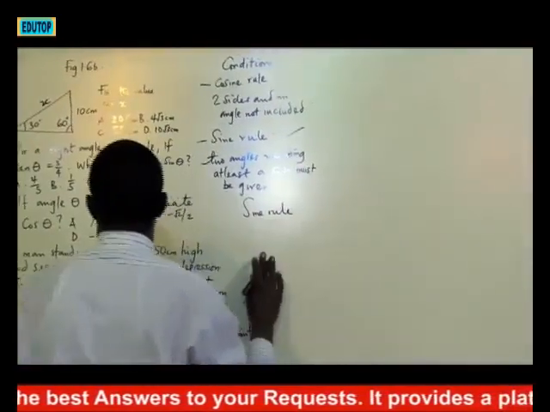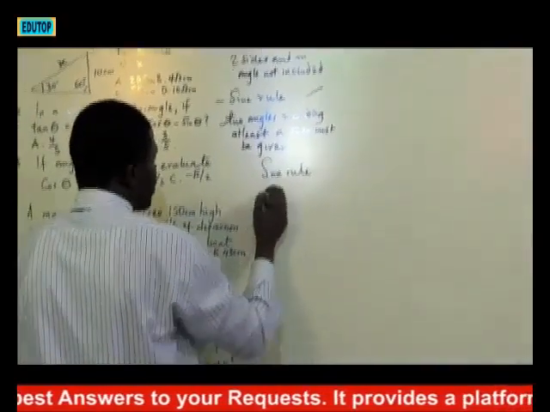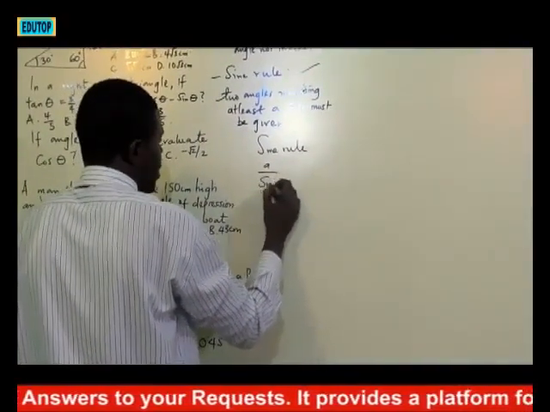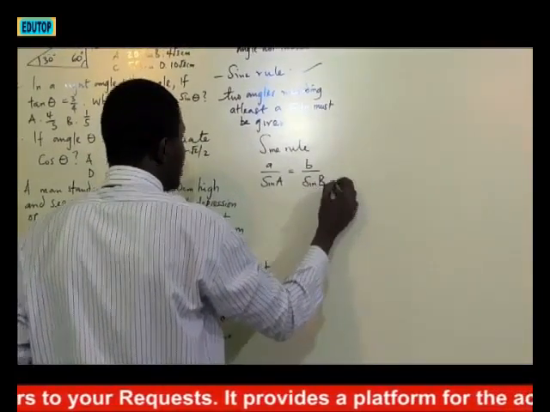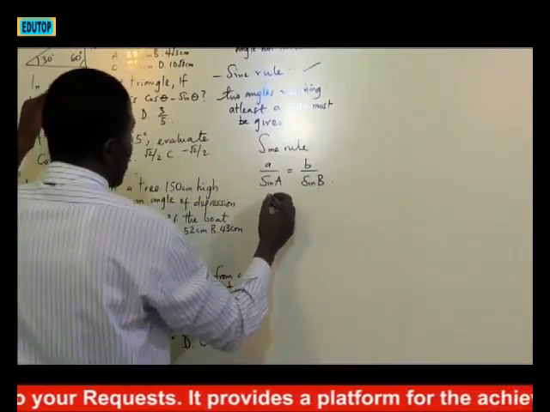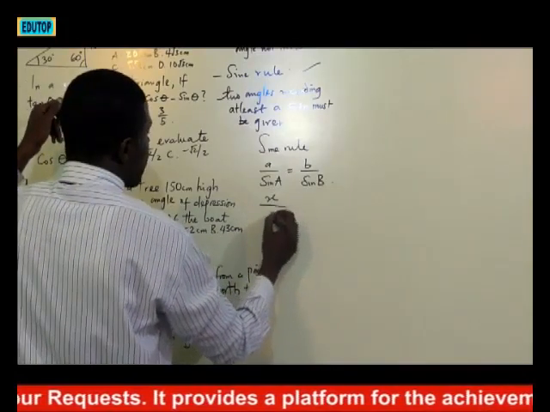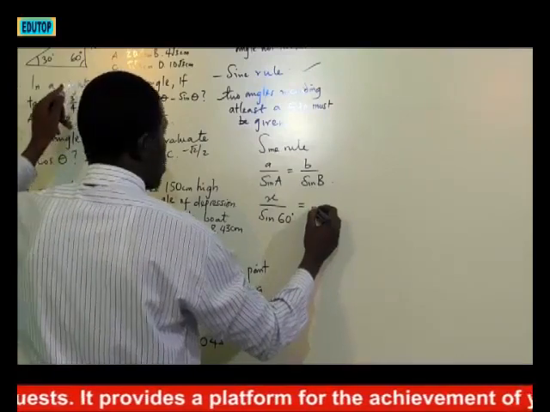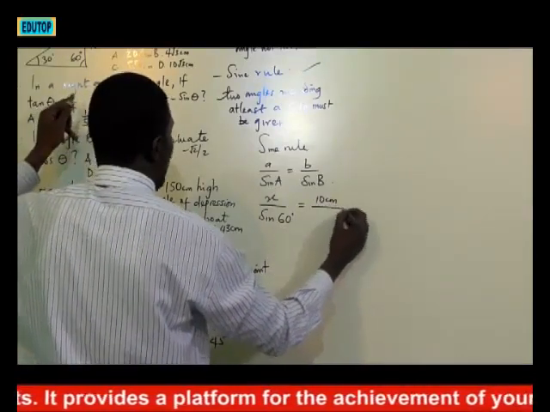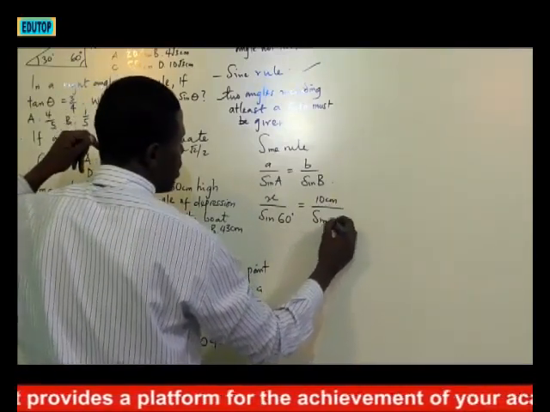So by using the sine rule, we will just say, the sine rule is saying that a over sine A is equal to b over sine B. In this regard, we can say x over the sine of the angle facing it, that's sine 60 degrees, equals 10 centimeter over the angle facing it, that's sine 30 degrees.